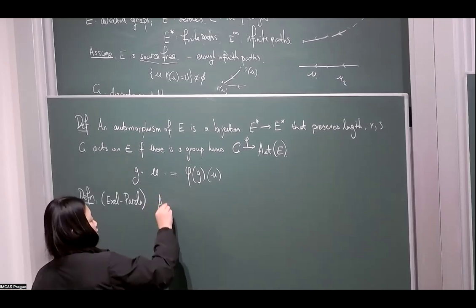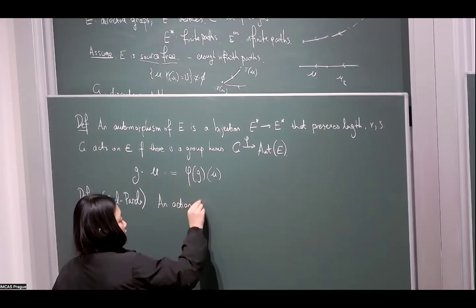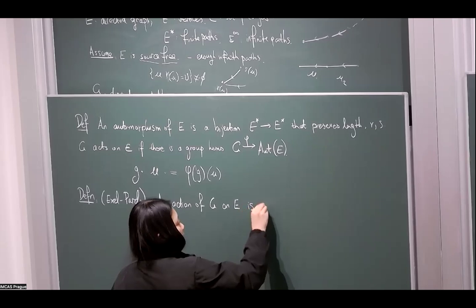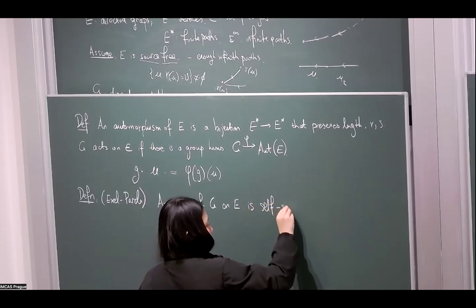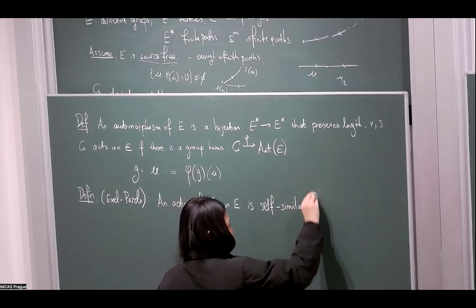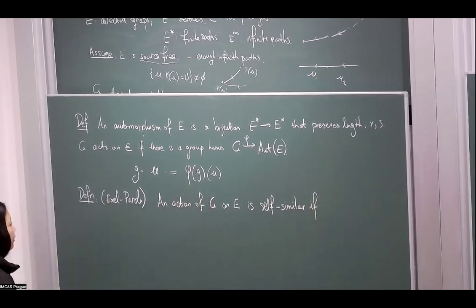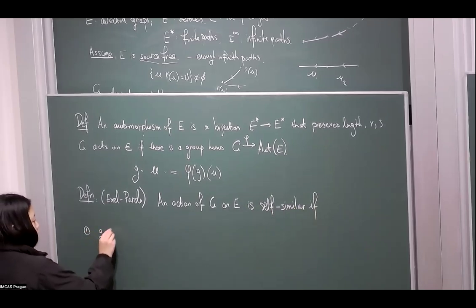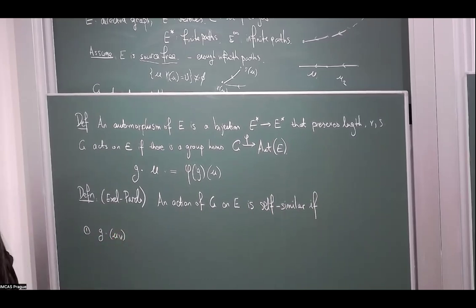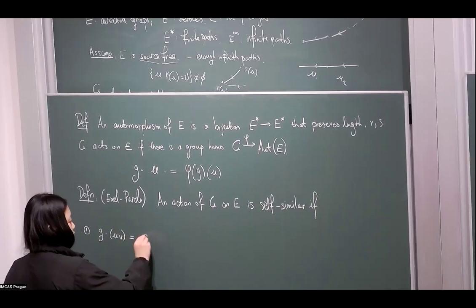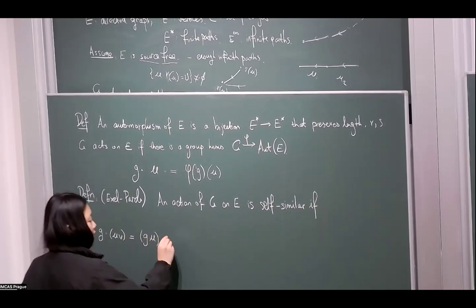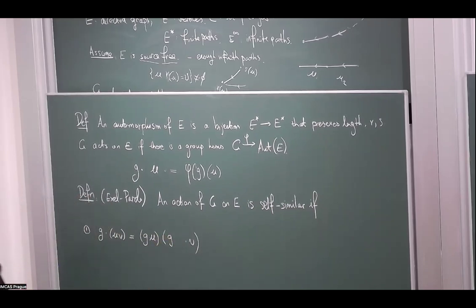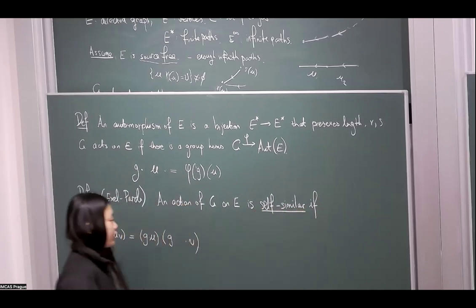So if I have an action of G on E, it is self-similar if, well, if you imagine the most trivial action you can think of, when G acts on a concatenation of mu and nu, you probably would want to say, let's just let G act on mu and let G act on nu. So a self-similar action is slightly more general than that.